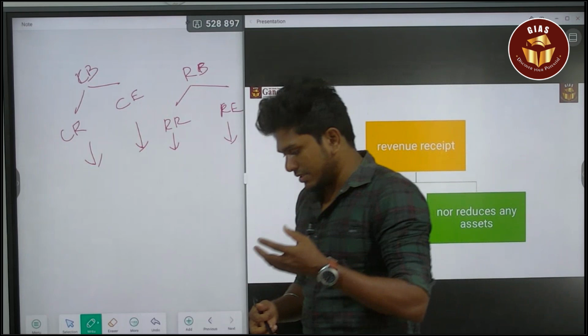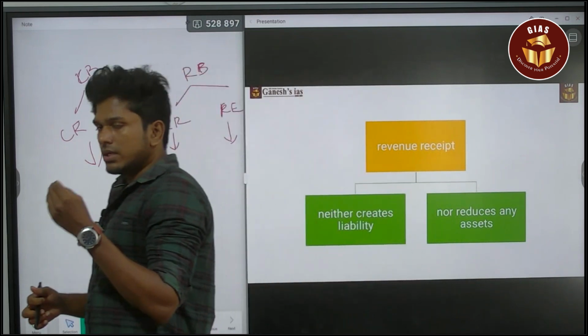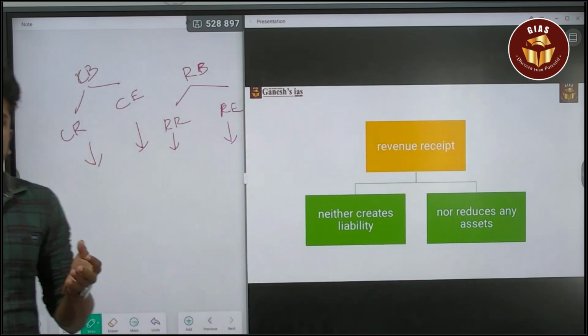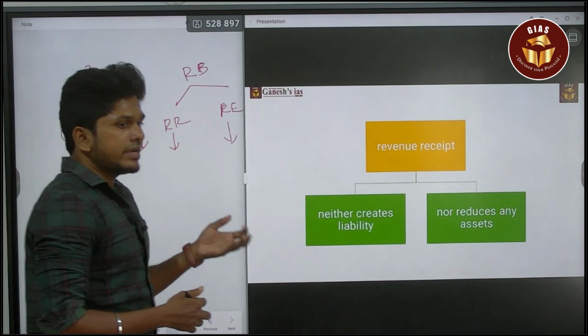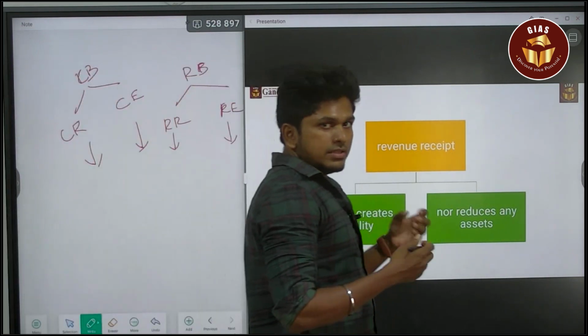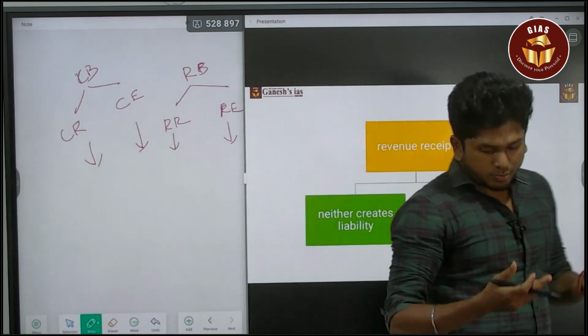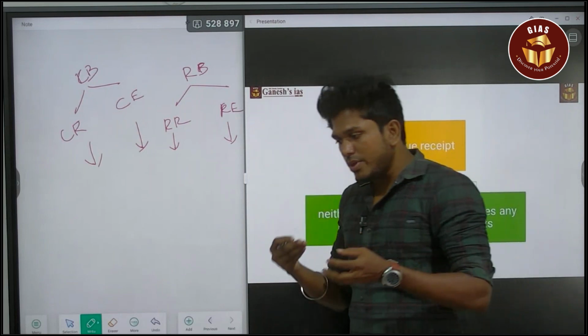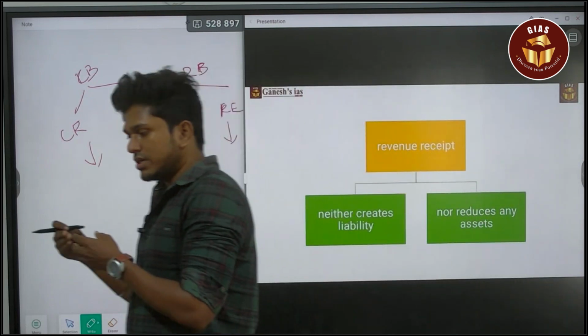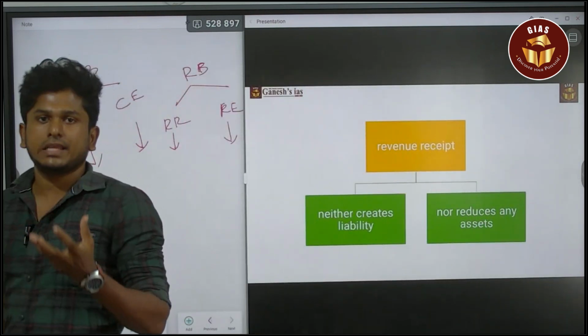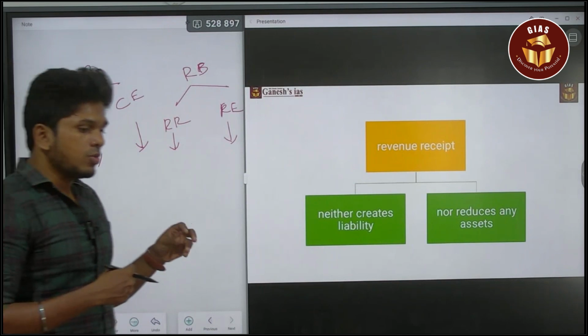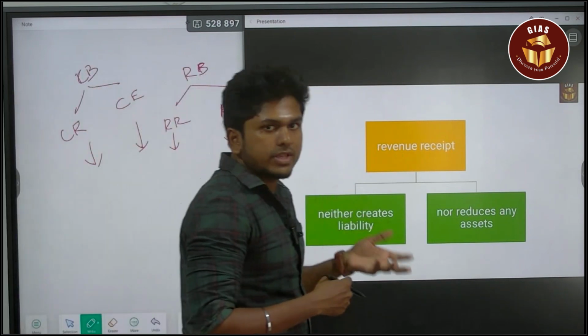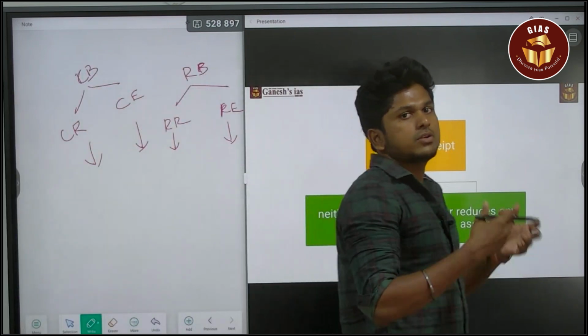Consider that the government is imposing taxes, by which they get certain revenue. That money coming to the government is not creating any liabilities, and the government is also not losing any of its assets, because tax is their own money.